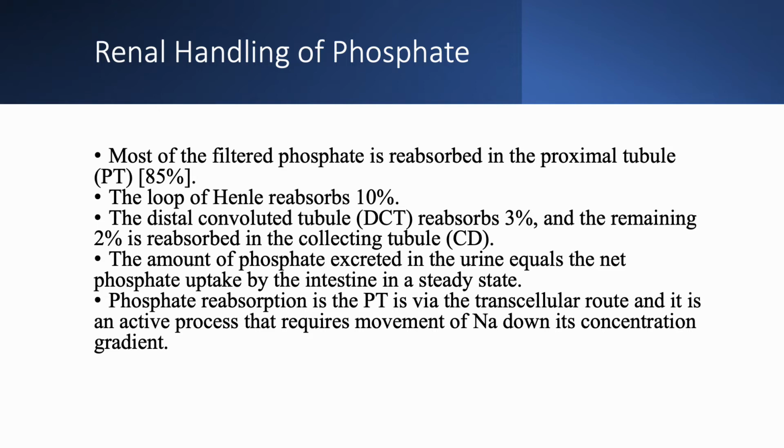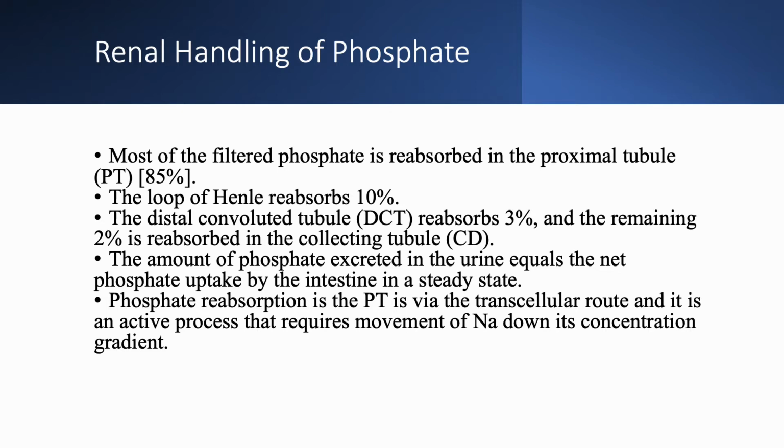This is what happens in a steady state. So if someone is taking 1,000 milligrams of phosphate, 400 milligrams will go into the stool, and 600 milligrams will be taken up by the intestine, and that same amount, 600 milligrams, will go into the urine.